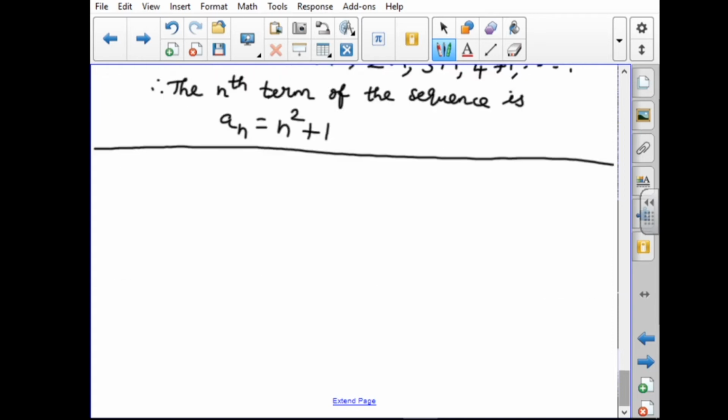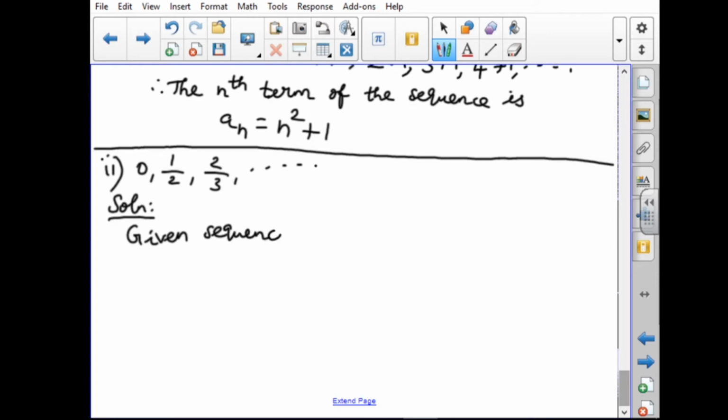Next, second subdivision. They have given 0, 1 by 2, 2 by 3, etc. Given sequence is 0, 1 by 2, 2 by 3, like that.